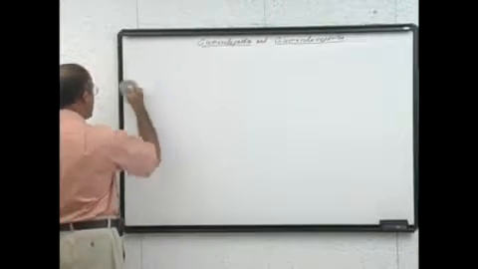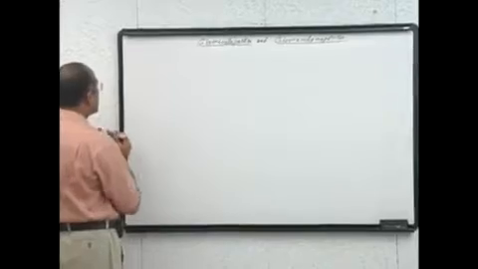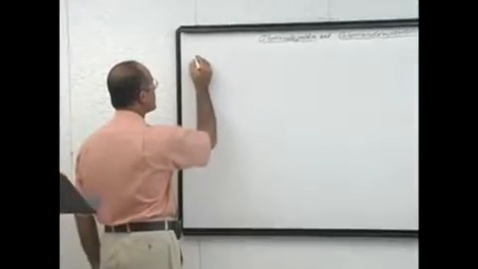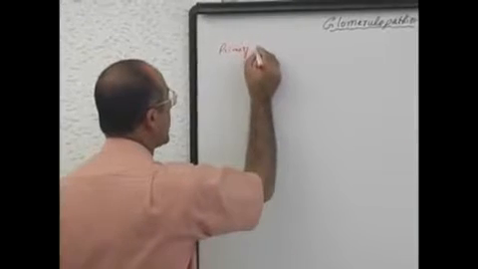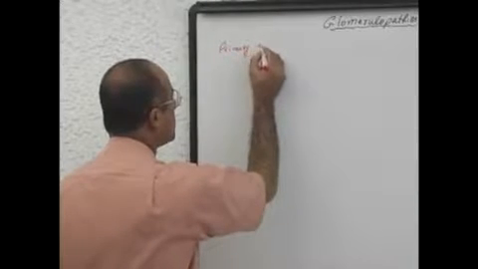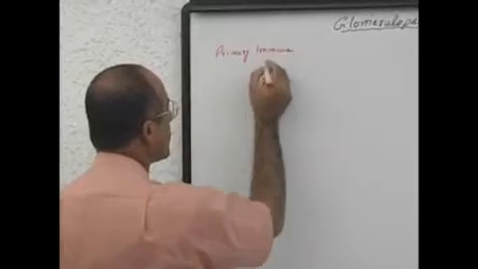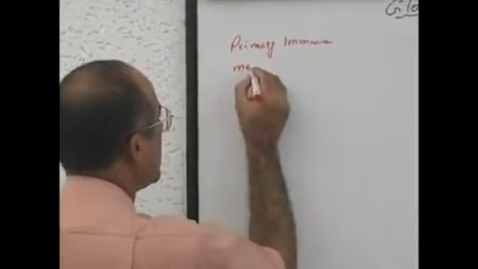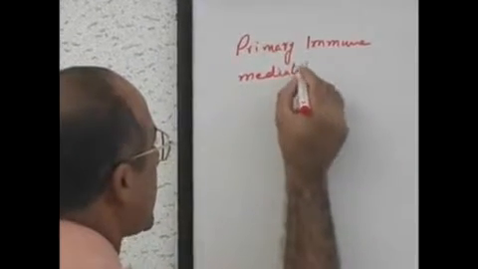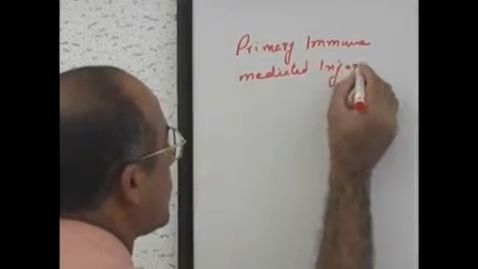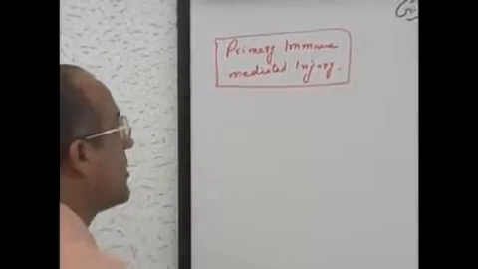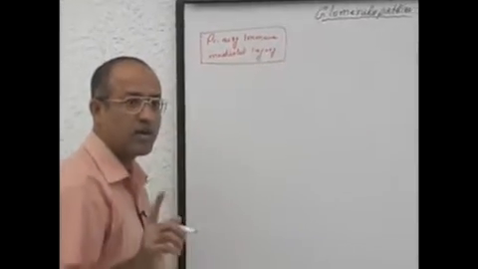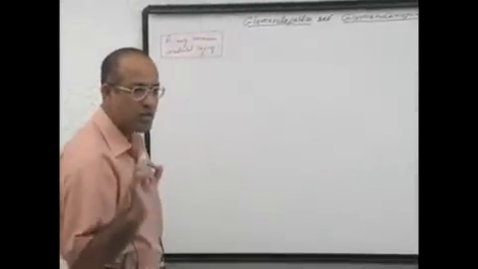Domain number 1 is that we have to answer the question: what is the primary immune-mediated injury to glomeruli? First, we have to answer this. What are the primary mechanisms of immune-mediated injury to glomeruli?